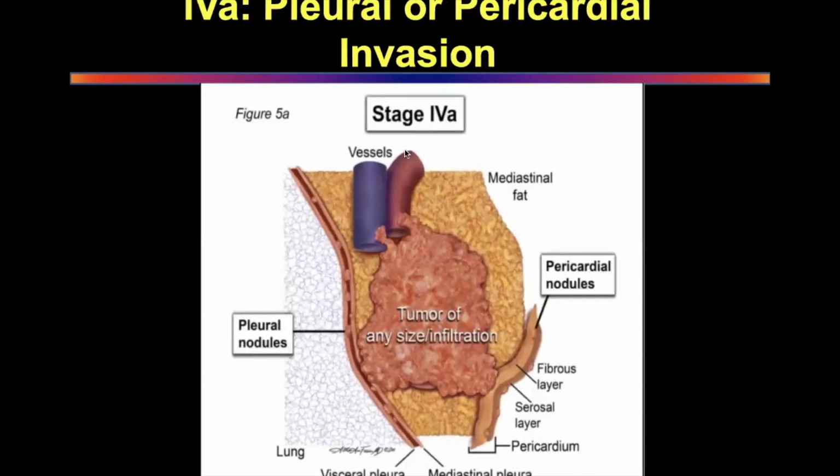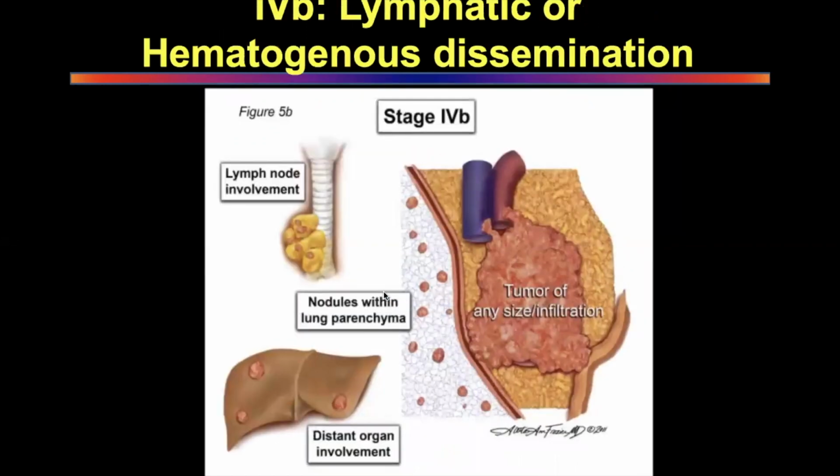And then stage 4A is when tumor of any size has infiltration beyond this into the serosal part of the pericardium, into the vessel, into the parietal pleura with multiple nodules. Can you see these distant nodules? But still everything is limited to the chest.